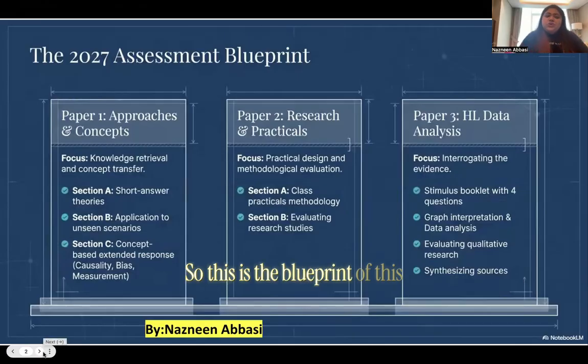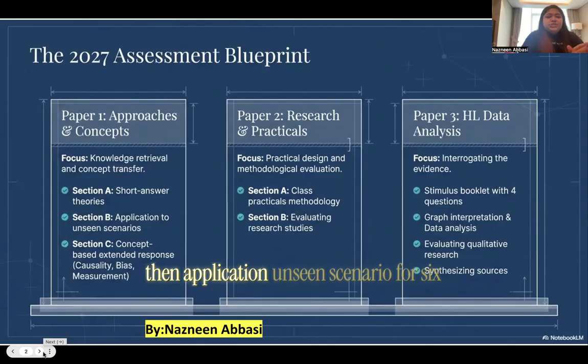So this is the blueprint of this exam, which will be conducted in 2027. Paper one will have short answer theory questions, then an application unseen scenario for 6 marks, and concept based questions like measurement, change, and responsibility.